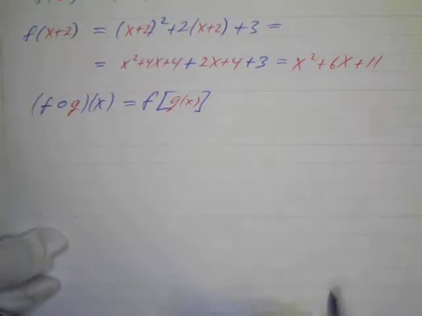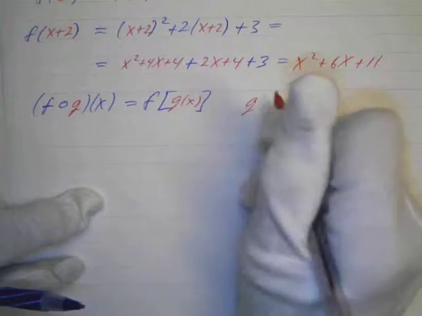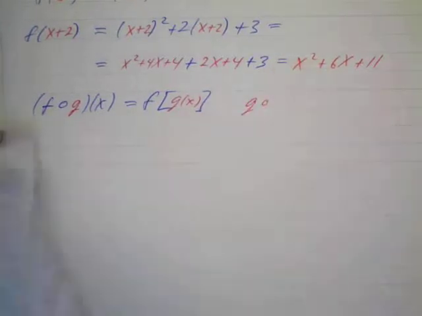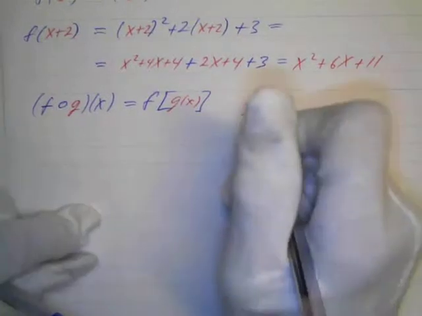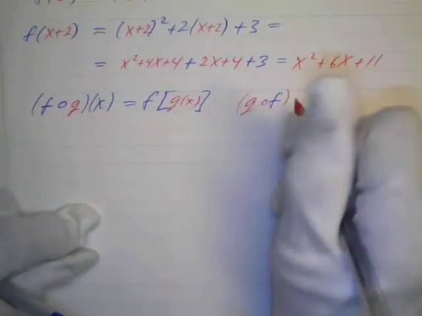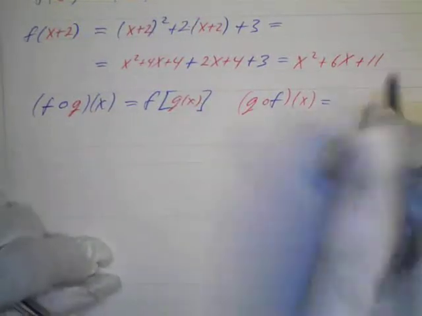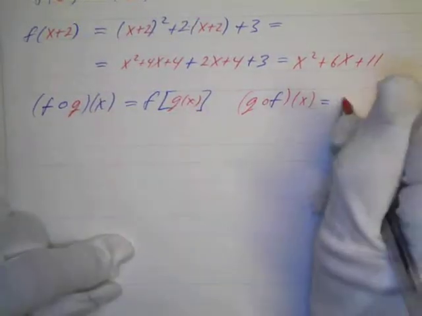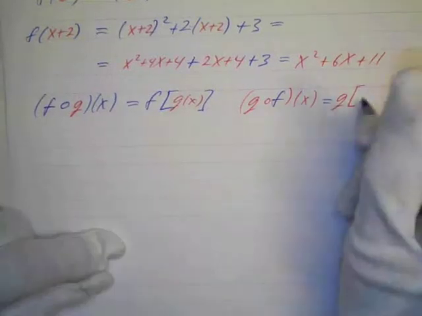And the other notation was gof, which is g of f of x, and that would equal just g of f of x.